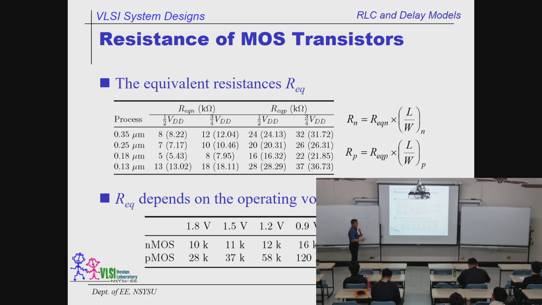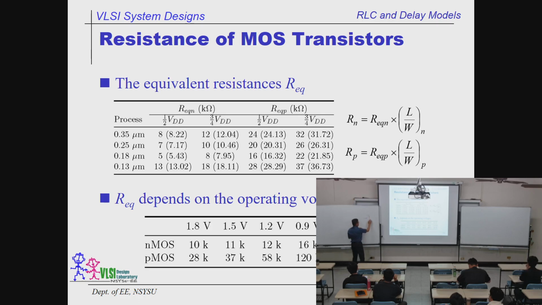Technically speaking, if they are fully activated, of course there will be a current coming down from the power supply all the way down to the ground. Because this is made of semiconductor materials, you cannot assume there is no resistance. It's impossible.